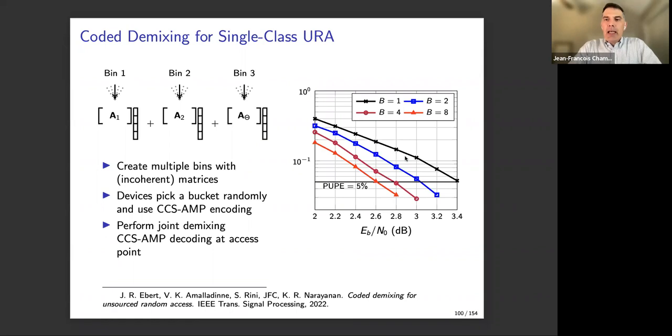As you go into blue, the blue line says that you have essentially two sparse domains or two matrices. The dark red line is 4 bins and the other dark red line is 8 bins. And here we have a genie bound, which is kind of an optimistic lower bound, that tells you how many users are in each bin.